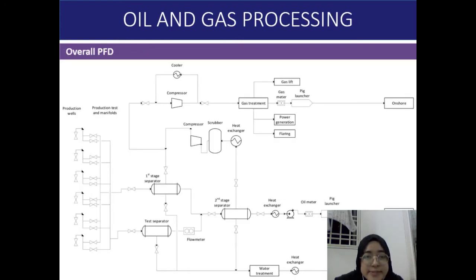For oil and gas processing, this is the overall PFD for our facilities. So we have decided to have 6 production wells. As we can see here, there are 6 production wells and also other systems in the overall PFD such as water injection and water treatment system, gas treatment system, and also the flash system.